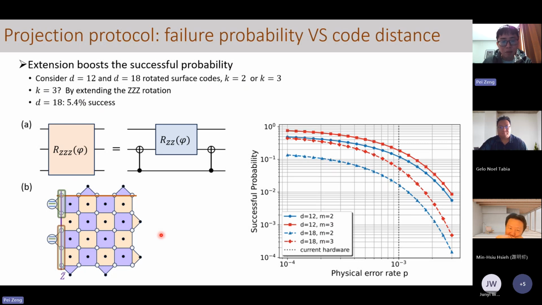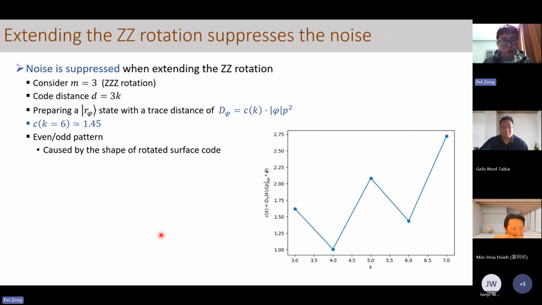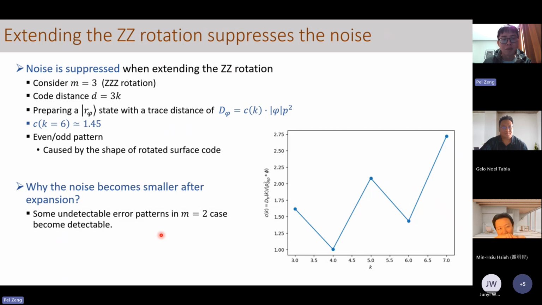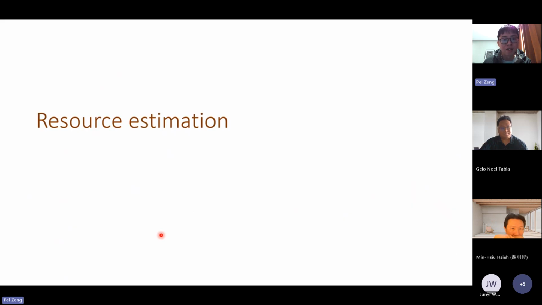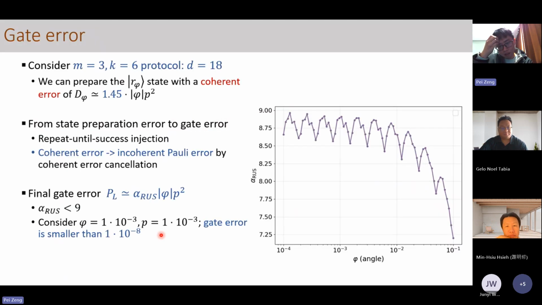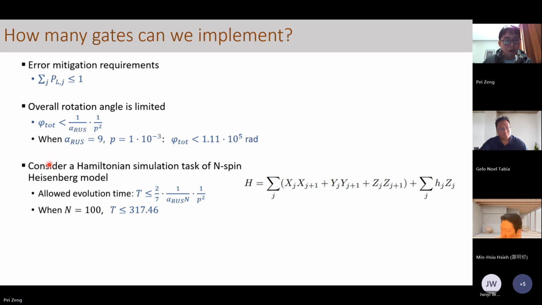I want to skip some of the discussion, and I will show you the conclusion of our resource estimation. After we consider all the error mitigation cost, the incoherent error, the coherent error contribution, repeat-until-success injection, and many other factors, we can finally show how many gates you can implement based on our methods.